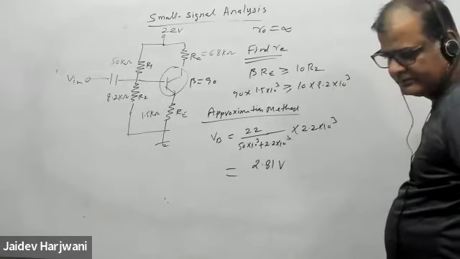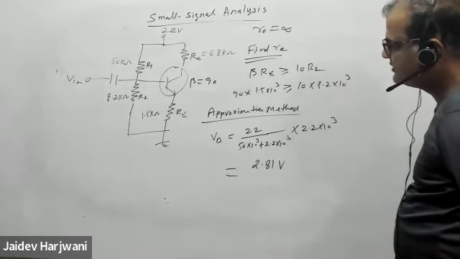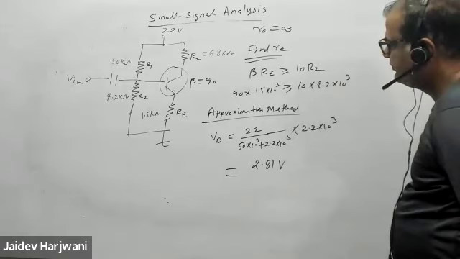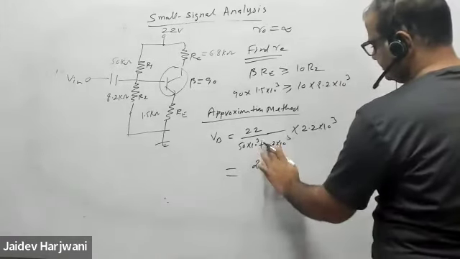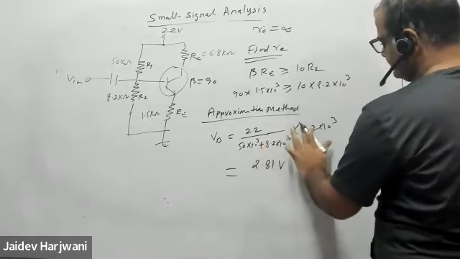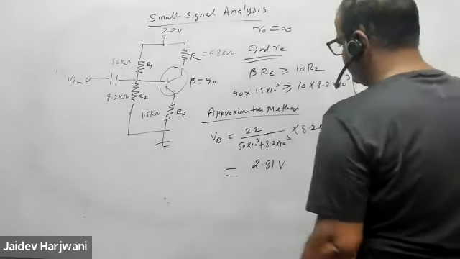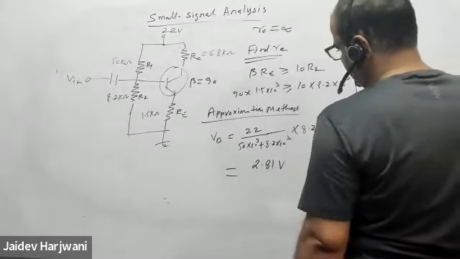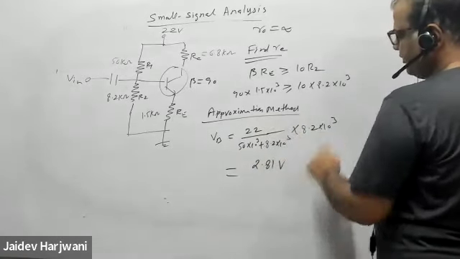Hmm, my R2 is 8.2, sir. Yes, 8.2K, but you wrote 2.2K. Check it now, is it coming or not?